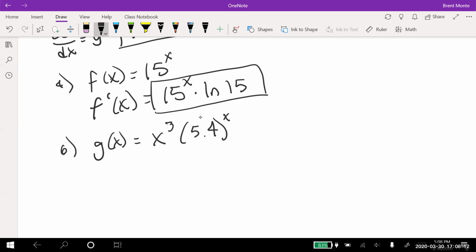They've combined this x to the third, which we call a power function, because the power is a number, times the 5.4 to the x. It's called an exponential because this time the x, the variable, is up in the exponent. But notice these are multiplied together. So when I go to take the derivative, I'm going to have to use the product rule.